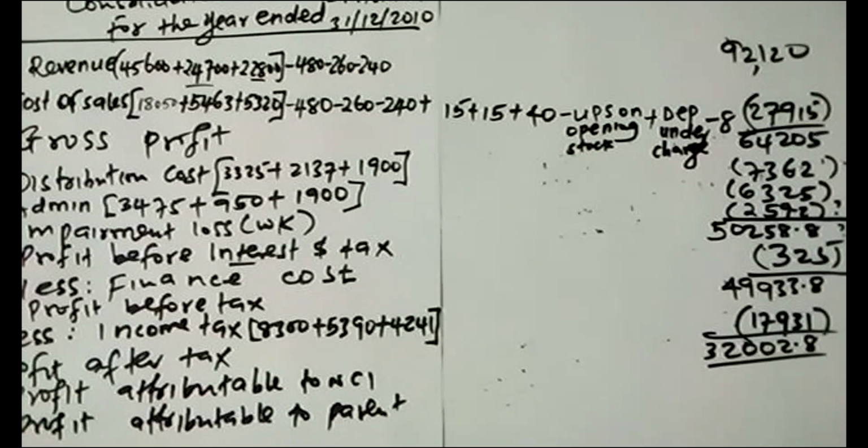So in order to get the profit which would be part of the non-controlling interest, we have to adjust the profit in those subsidiaries. Either the profit was overstated or it was understated. So let us go forward and do the working to determine the profit attributable to NCI.